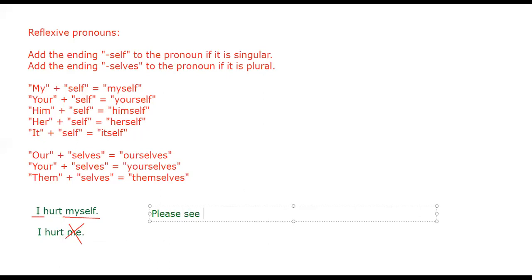Please see Mrs. Field and myself. This is not grammatically correct. Don't ever say this. You can't use myself like that because myself works only when the subject, I, is the same as the direct object.